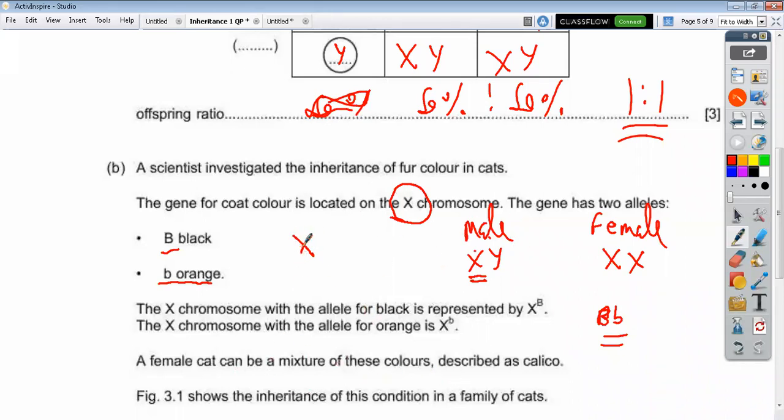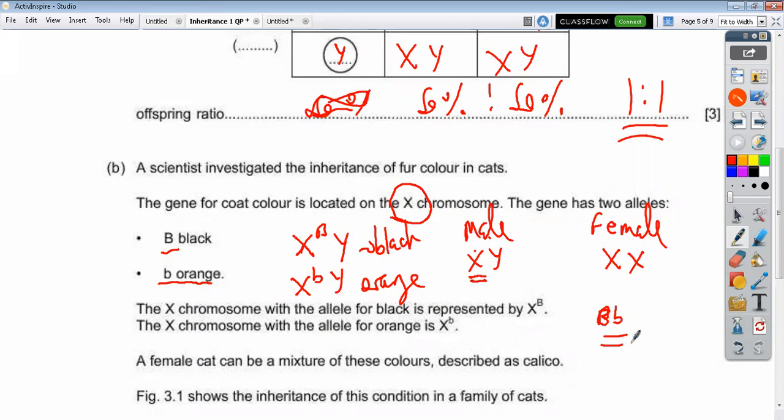A male can only have either X^B with a Y, which is a black male, or a small b with a Y, which is simply an orange male. Are we together there? Because a male is limited because of this.